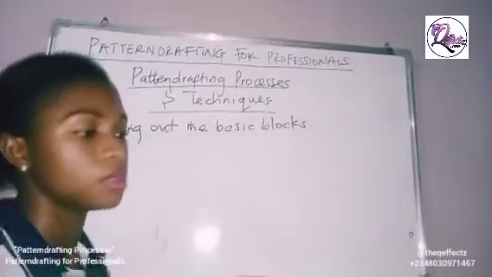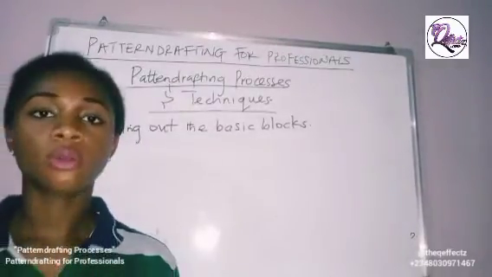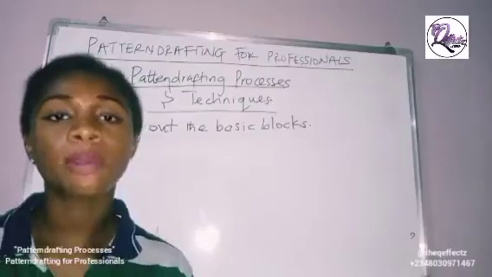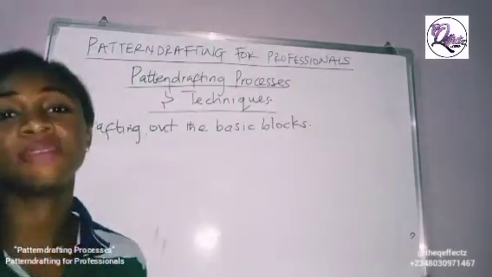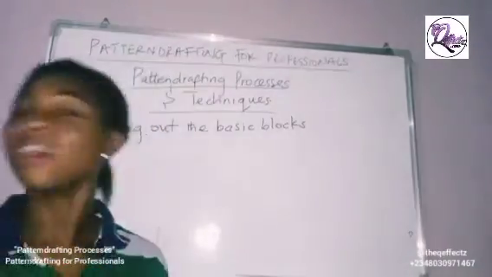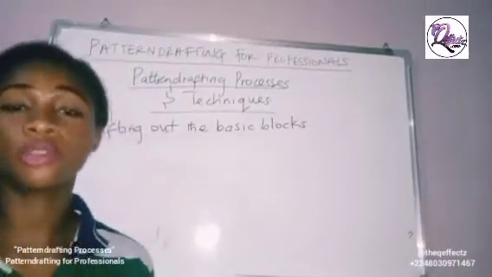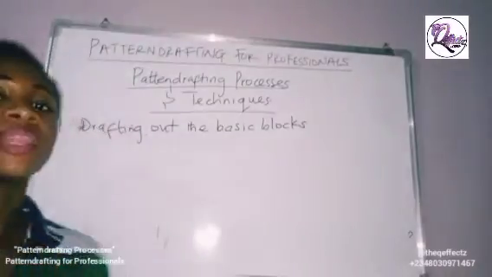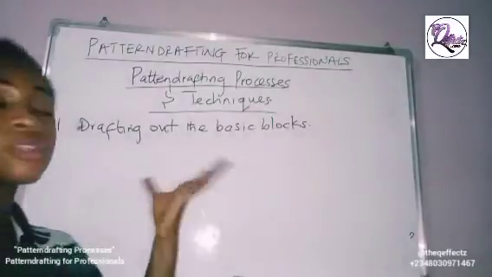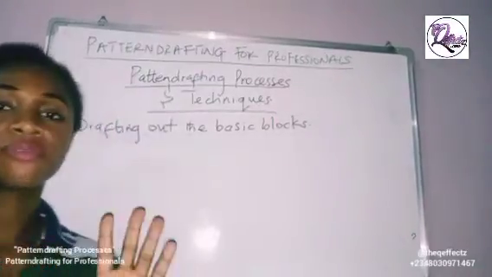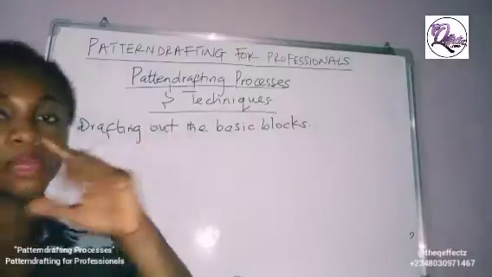British call it sloper, American call it blocks. Who cares? All we know is that they are patterns, alright? Nigerian man would say it is pattern. As long as it is a pattern, it is a pattern. We don't care if it's a sloper or a block. Now, the first step to the pattern drafting process is drafting out the basic blocks.